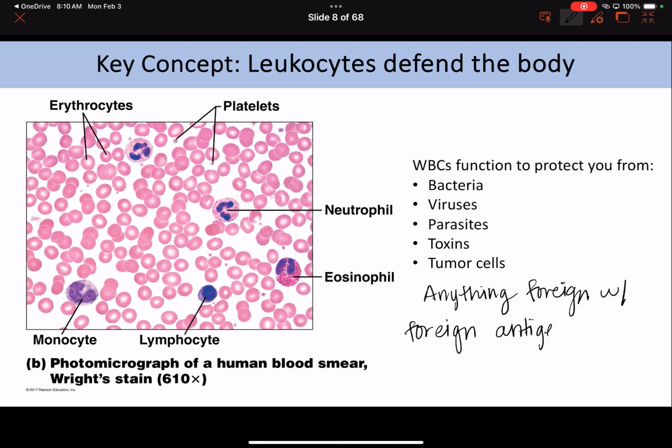And antigens we'll talk a little bit more about later, but antigens are proteins that we find on the surface of our cells. So antigens are essentially identifiers for cells on the cell surface. Antigens are what are going to tell us if you're A type, B type, AB, and we'll talk more about that later.